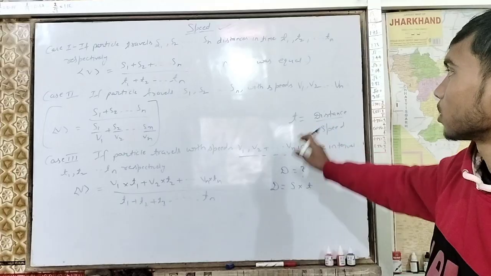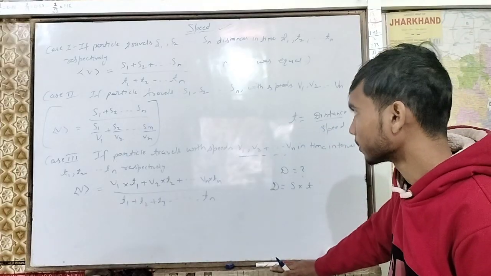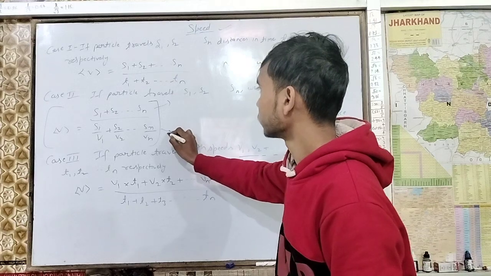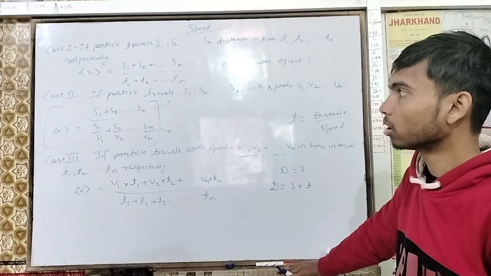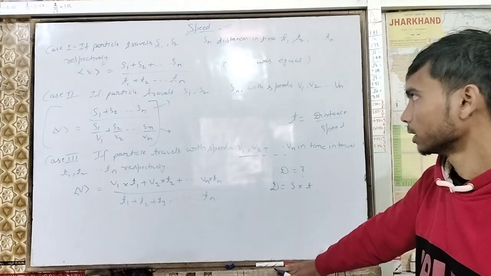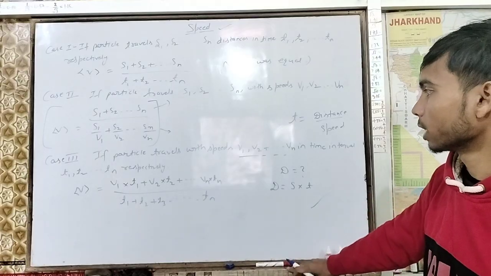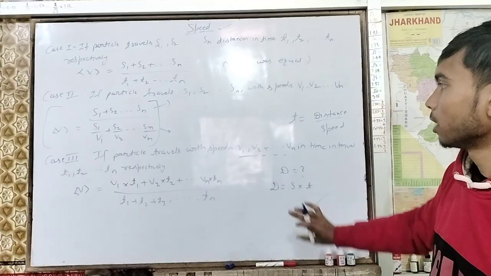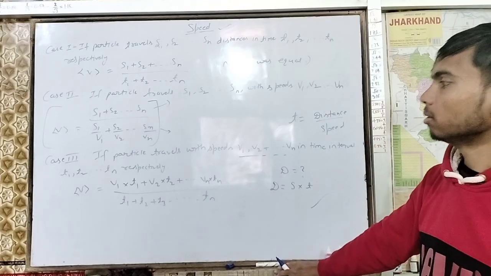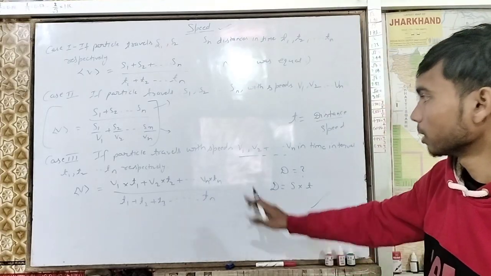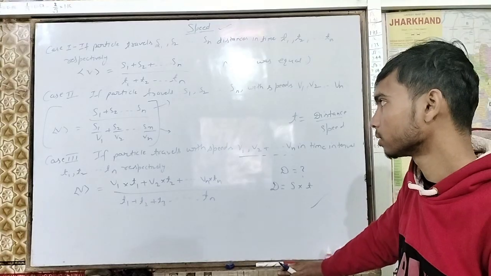We used this formula to bring t, which is equal to S1 upon V1. And in this case, distance was not given, and we brought it with the help of the basic formula of speed. Then it became V1 multiplied by T1 plus V2.